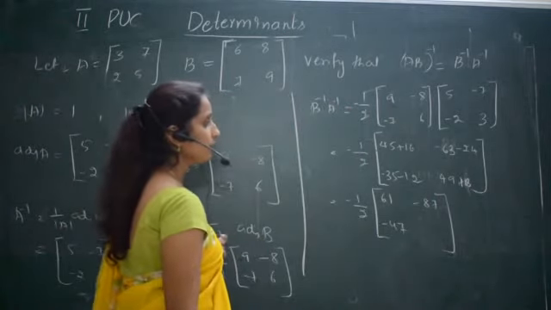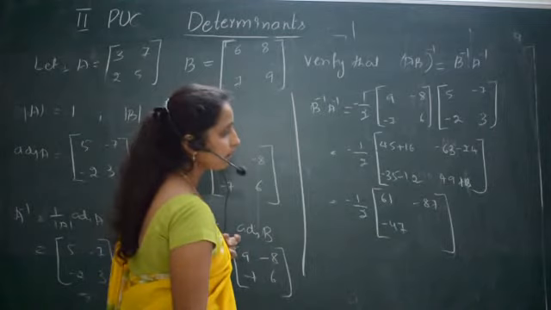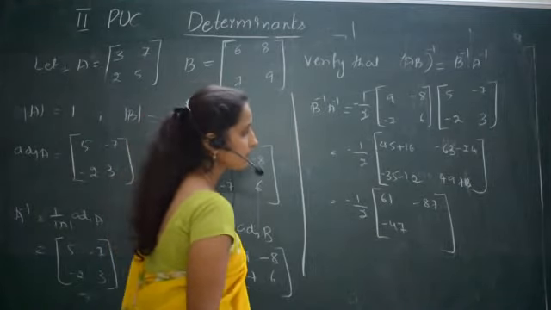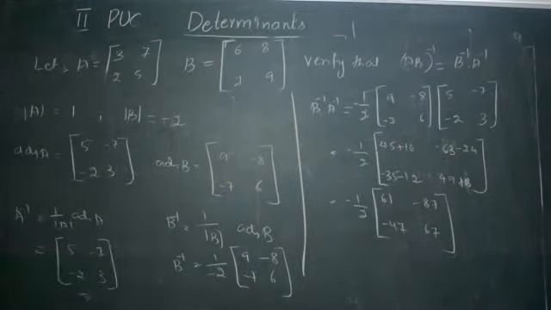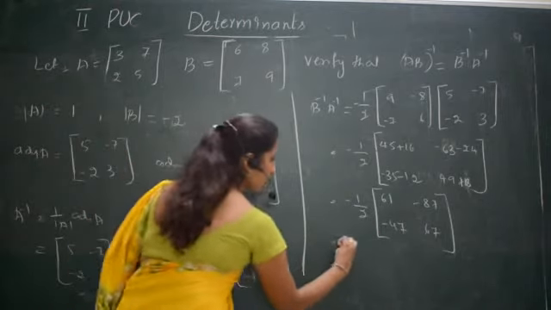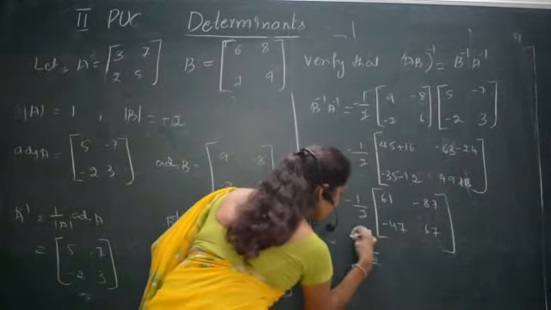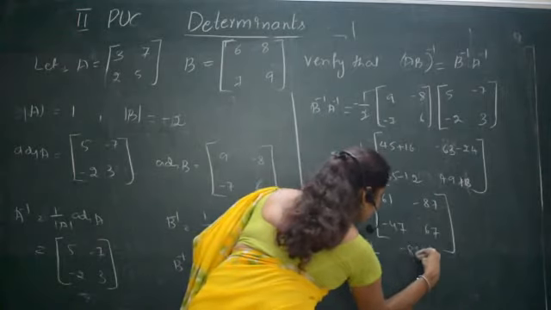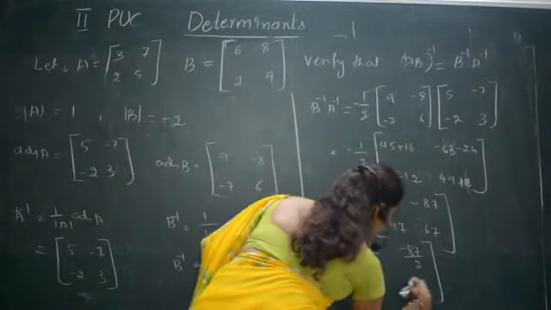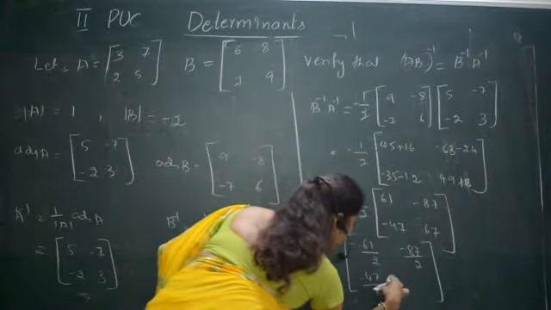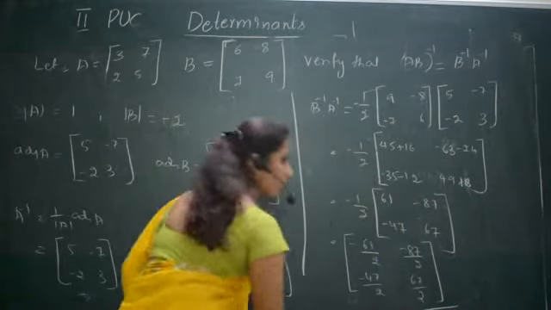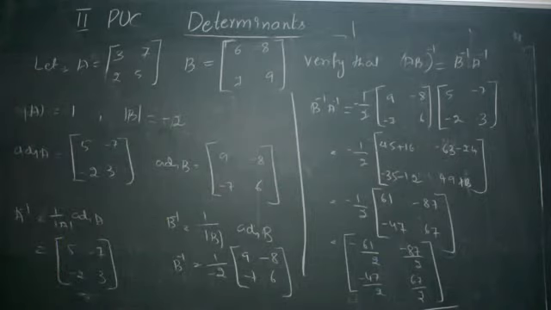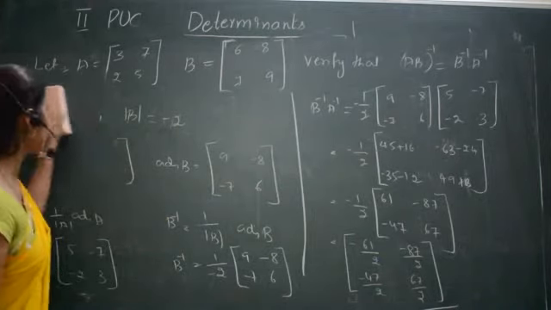Then 49 plus 18 is 67. So this will be equal to minus 61 by 2, minus 87 by 2, minus 47 by 2, 67 by 2. So what we have verified, therefore we can write the conclusion.